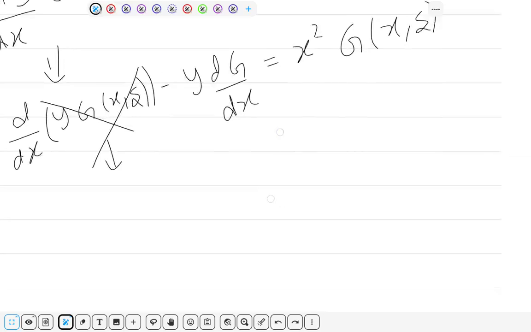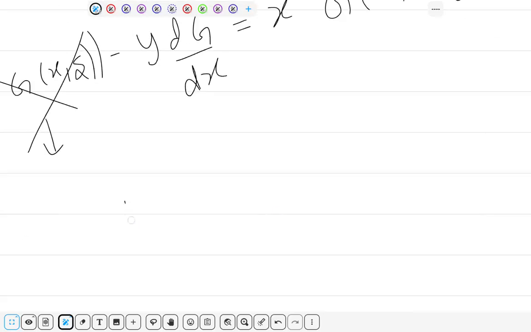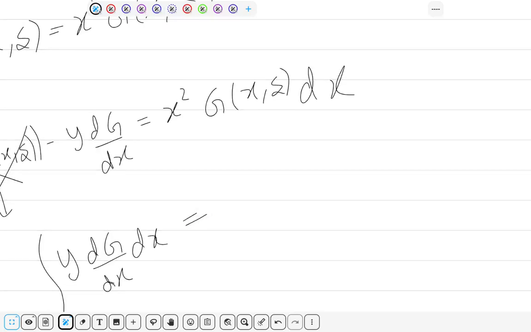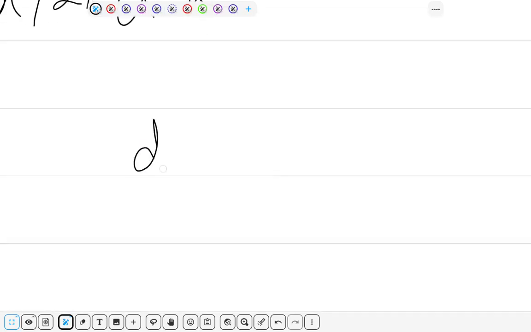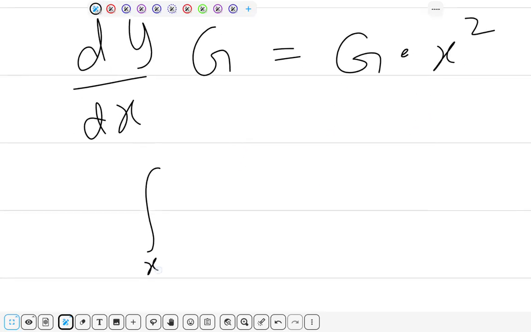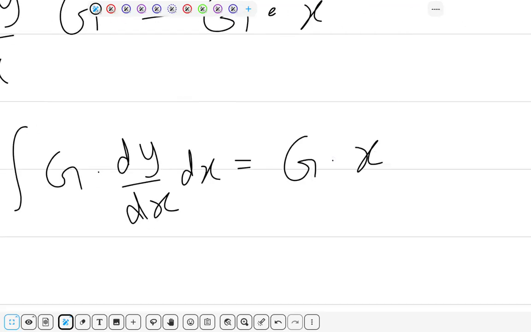Yeah, if I integrate both sides with some reference up to some x, finally I will get y dg by dx integration, is equal to, let me do it properly, dy by dx g is equal to g times x square, and if I integrate both sides, I don't know what the limits will be, but let me see what I can do, is equal to g times x dx.